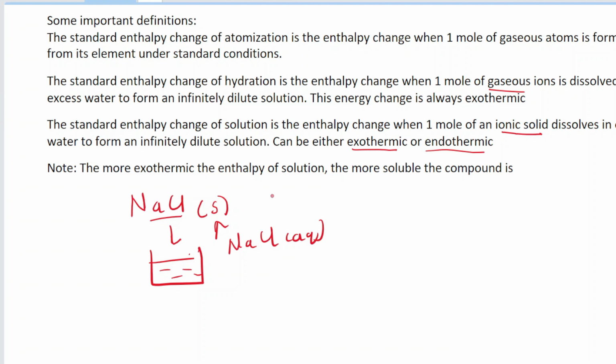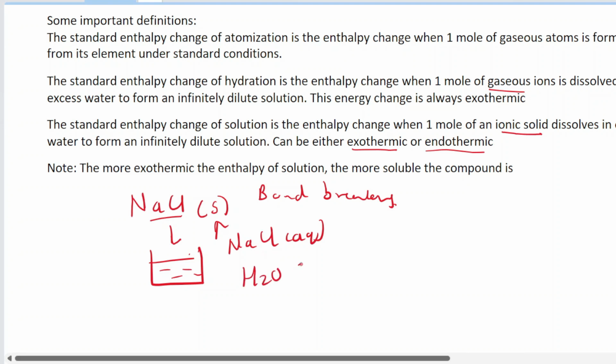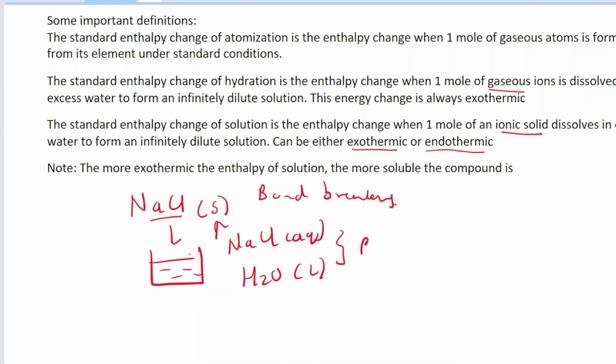This is bond breaking. And then NaCl forms permanent dipole-dipole attractions with the water, so it's forming bonds. This is bond forming. Now, if the bond breaking is more than the bond forming, then it's endothermic. But if it's the other way around, then it's exothermic. So that's why there are two different possibilities here.